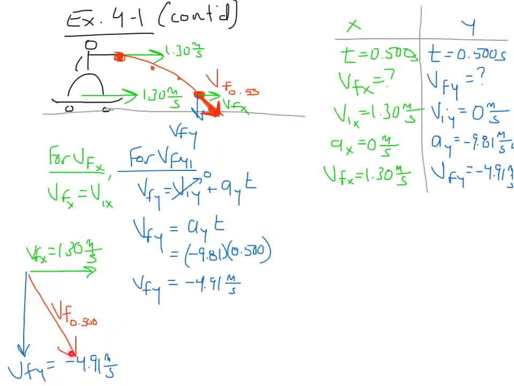So v final equals the square root of what? Well, the x value squared and the y value squared, right? 1.30 squared plus, what's the y? It's 4.91, right?